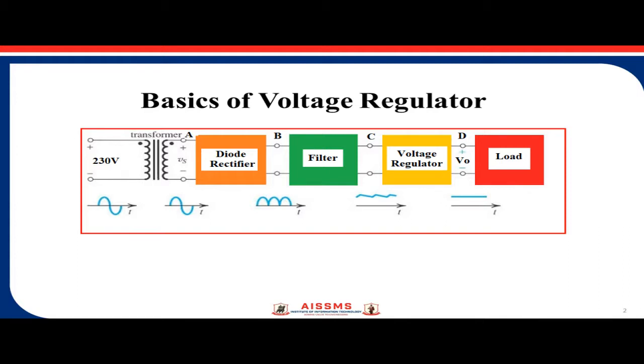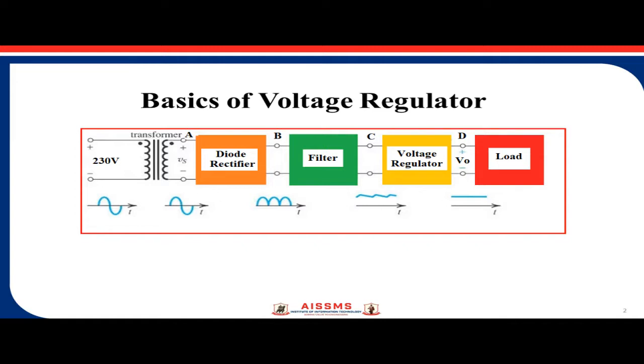So initially the AC signal, which is of higher amplitude, let's say 230 volt, is converted by the transformer to a lower value. Usually the transformer is a step down transformer.